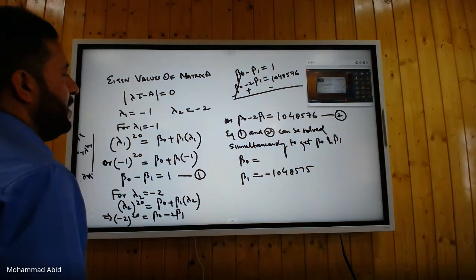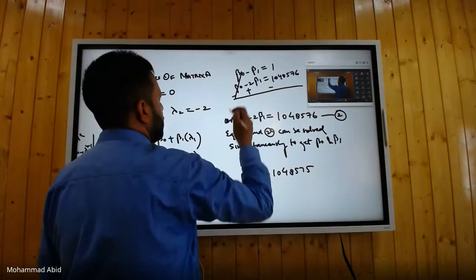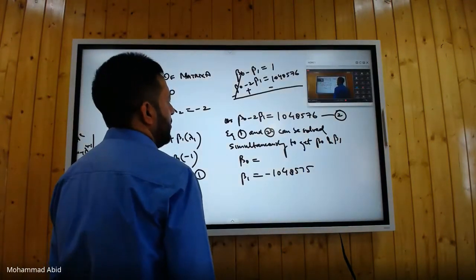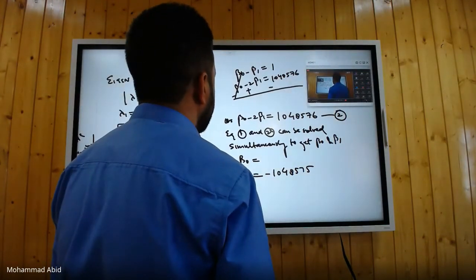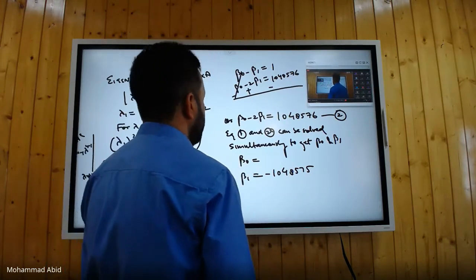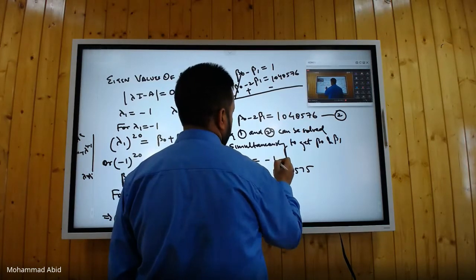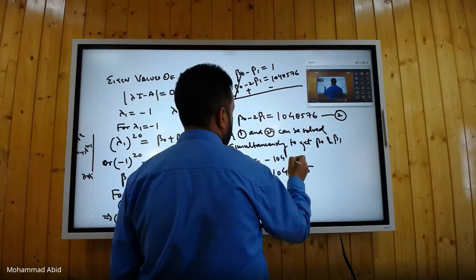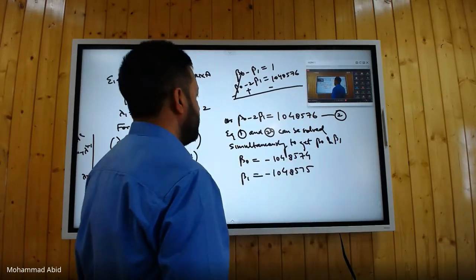And beta naught you can obtain by substituting back into this, so that will be 1 plus this. This is minus minus plus, so this will be 1 minus this. So that will be minus 1048574.